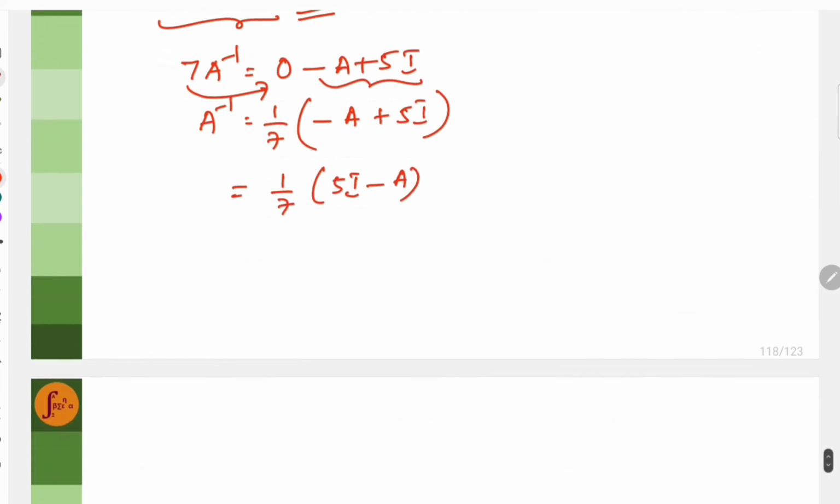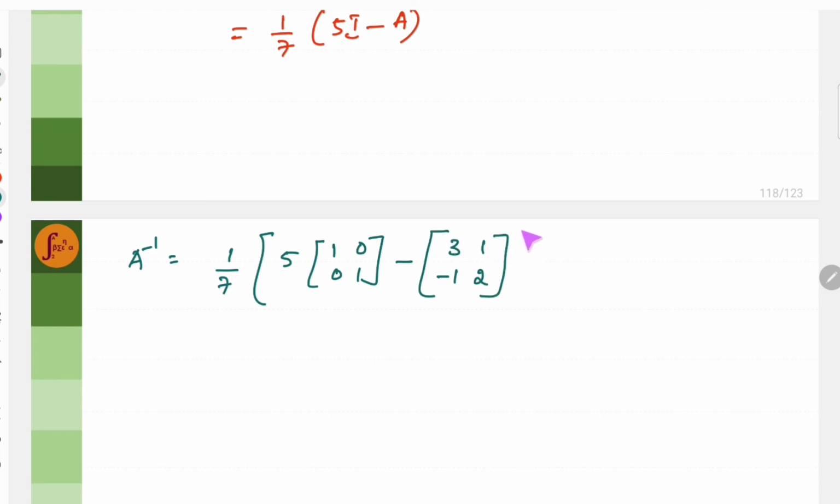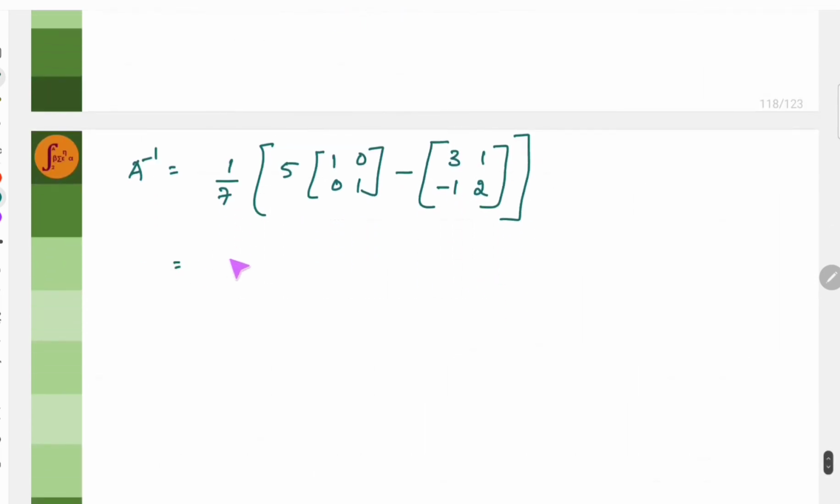Now let's do the substitution. A inverse is 1 by 7 into 5I, that is 1 0 0 1, minus A. A is 3, 1, minus 1, 2. This is A. Let's simplify this.